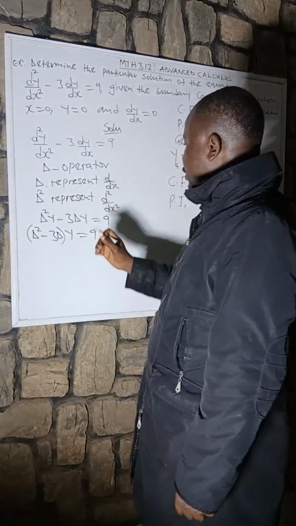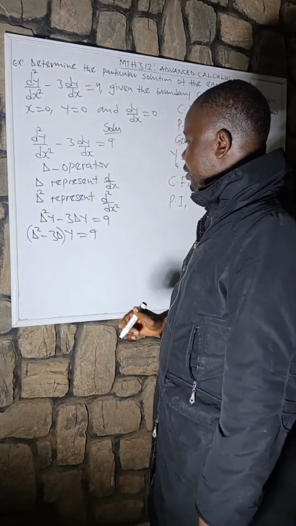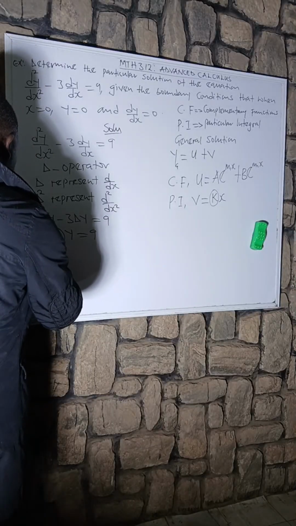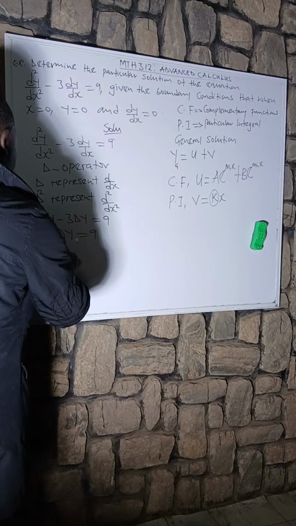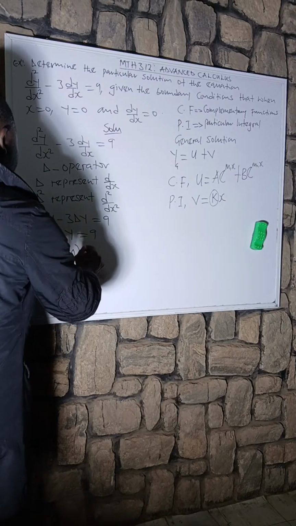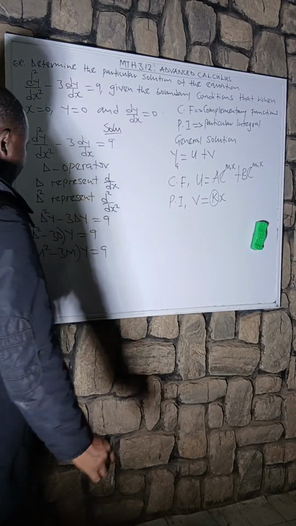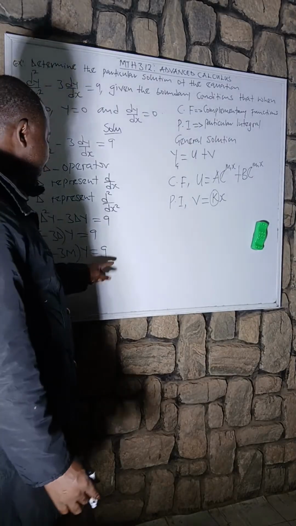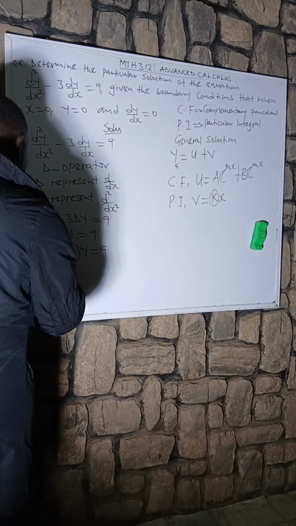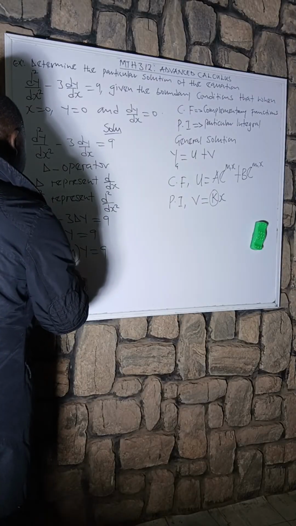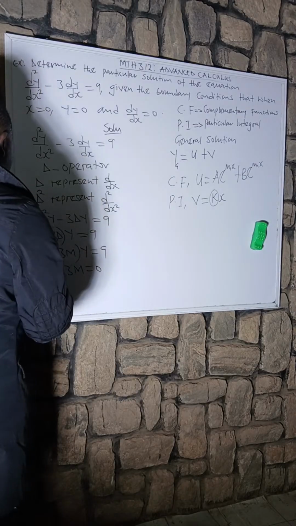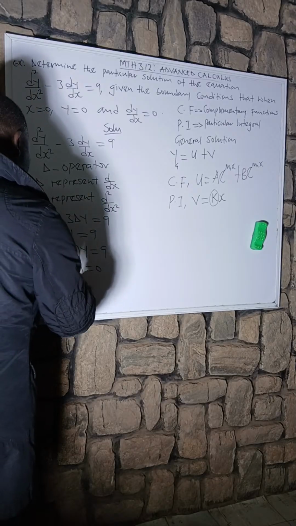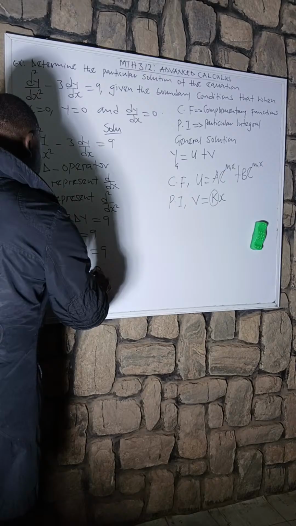Here it is: (m squared minus 3m) y equals 9. If y is not equal to 0, it means our auxiliary equation m squared minus 3m equals 0, and this is the auxiliary equation.